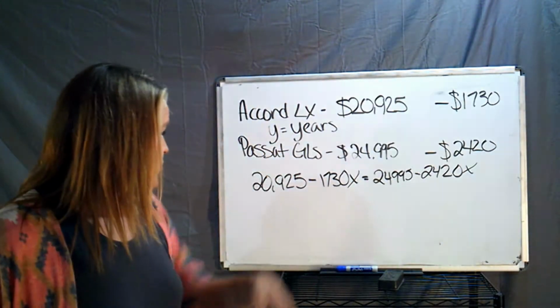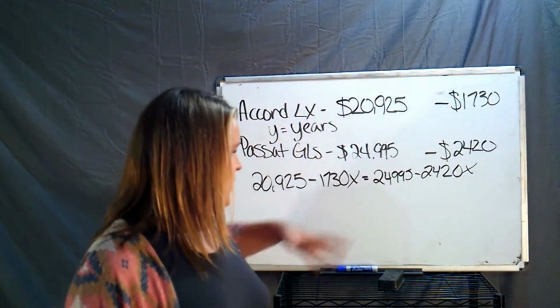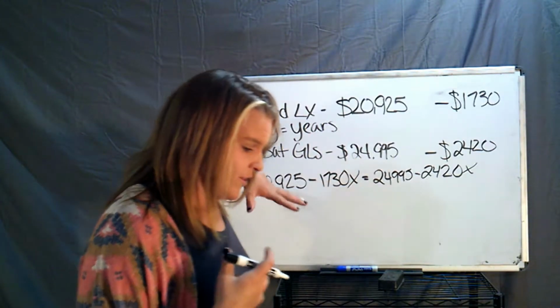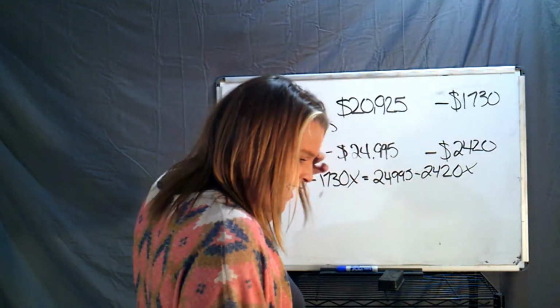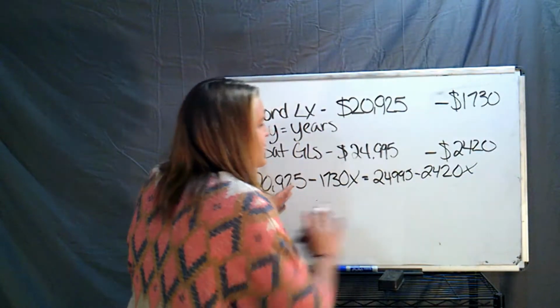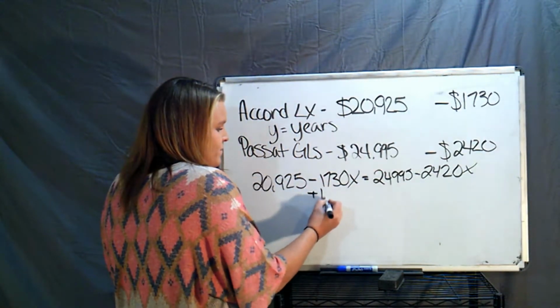So now do you see how we can just solve for x on this one? I want to get all my constants on one side, all my variables on the other. Life is good. So I'm going to add my 1730 over here.